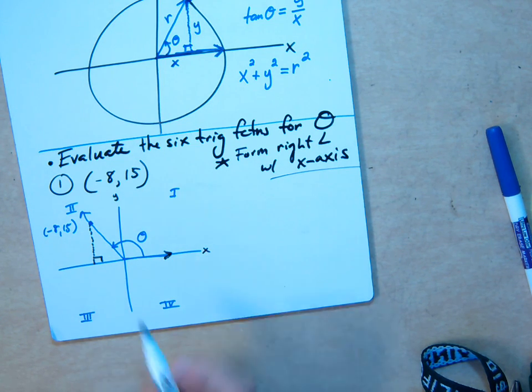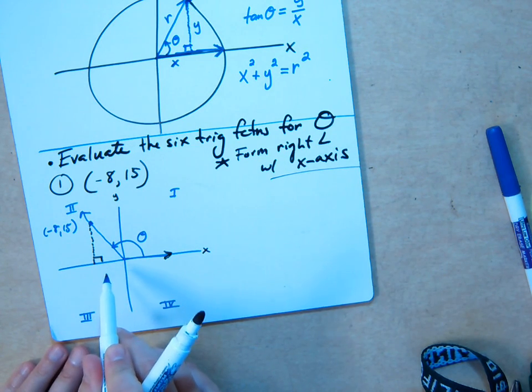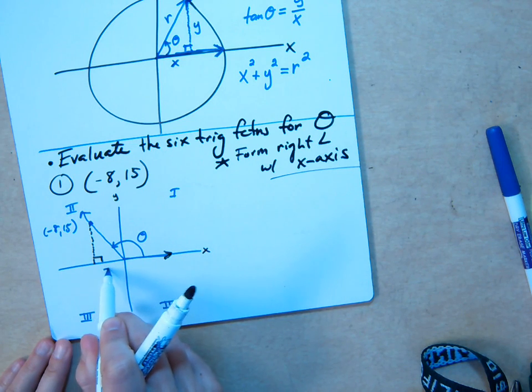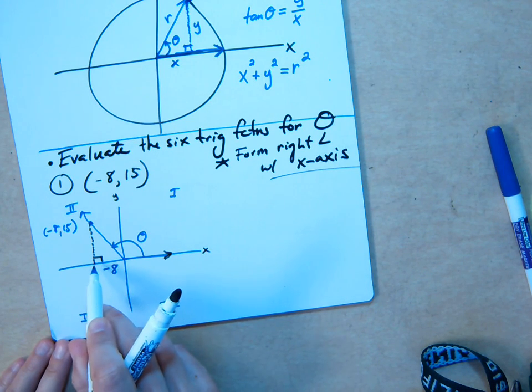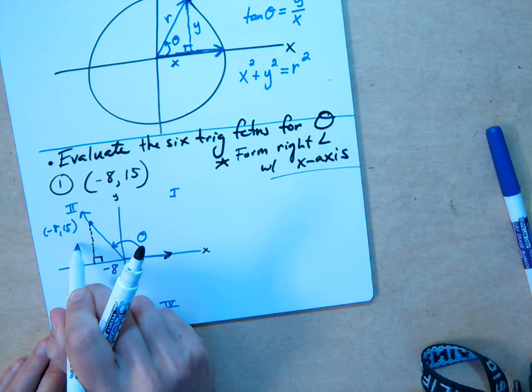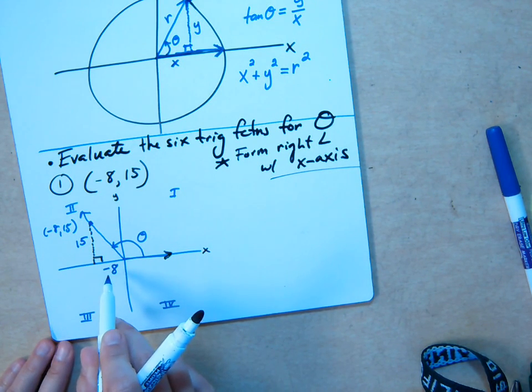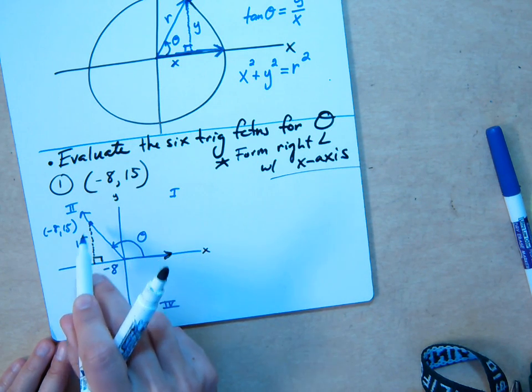Almost there. Now we need to label the sides of our triangle. Here's the other common mistake. This side is -8 because you move to the left 8 and you move up 15. We're not saying the length of the side, we're talking about movement to the left and up.